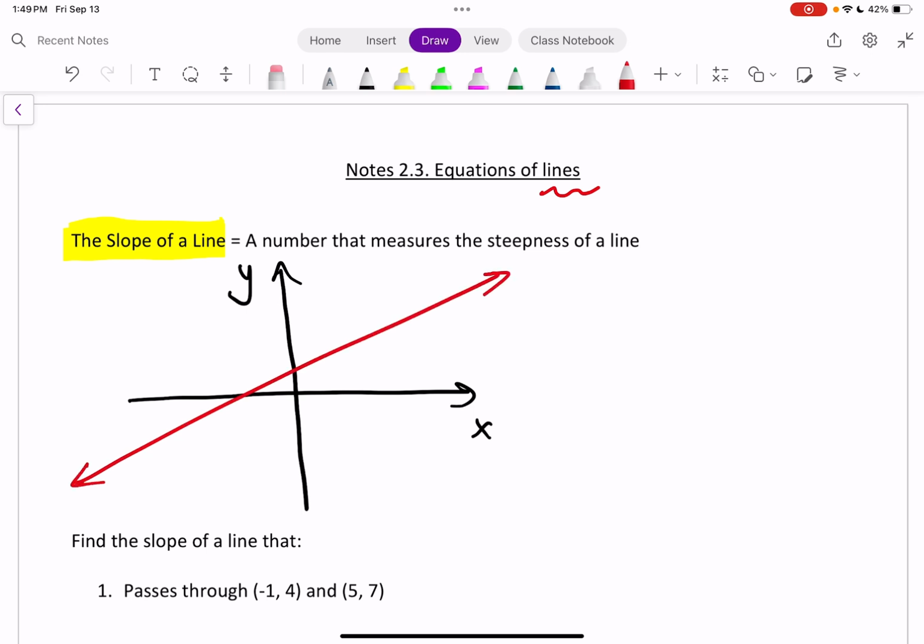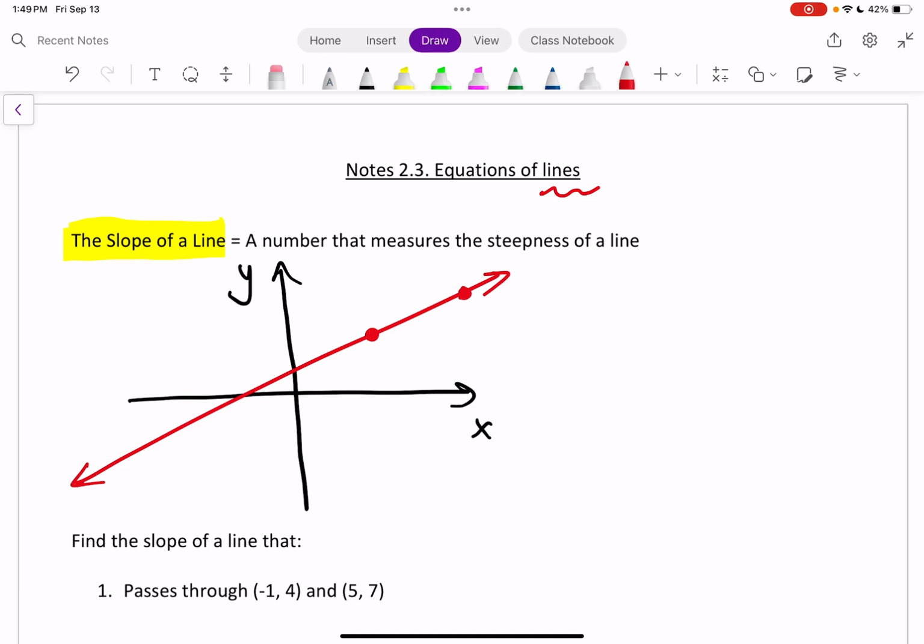But the point is that if we want to see how fast this line is either increasing or decreasing, if you remember, we talked in section 1.4 about increasing versus decreasing graphs, and we measured average rates of change, and I even mentioned the word slope when we talked about that.